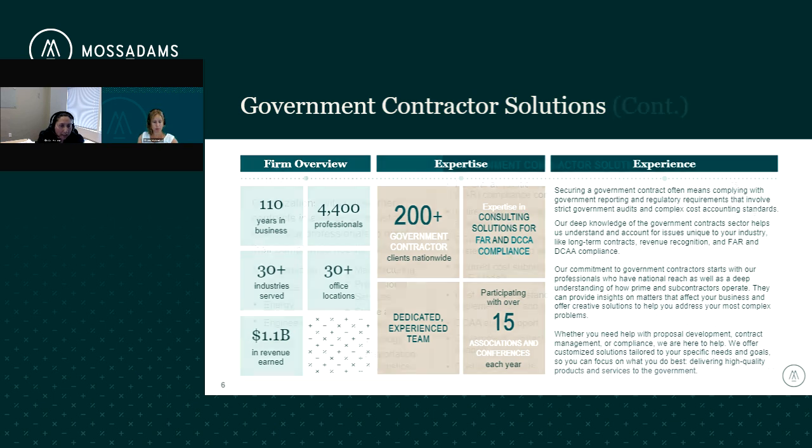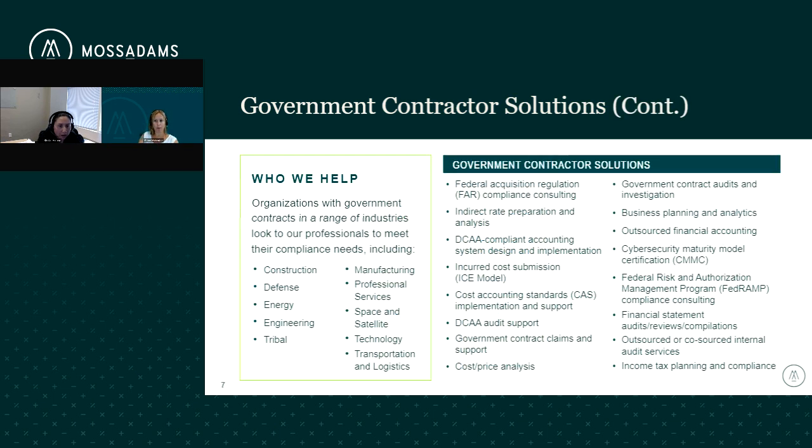These are some of the things we focus on within the solutions group. We help all different types of industries; we're really industry agnostic from that perspective. Some of the things Karen mentioned are on this list, such as indirect rate preparation and your 1408 system. We get a lot of questions specific to CAS: how do we do this, or how do we make sure we're compliant in these areas?